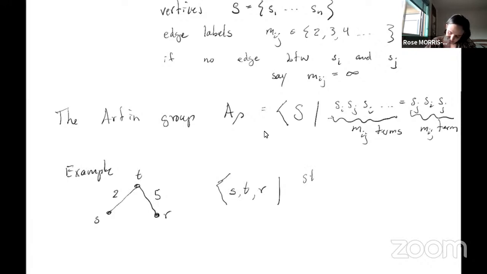So I have ST equals TS. And then the edge labeled 5 is going to give me TRTRT equals RTRTR. Right, and each of these words has 5 letters in it with this 5 right here. And then there's no relation between S and R because these have Mij equals infinity.